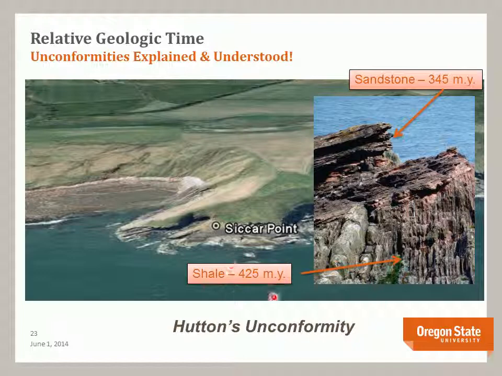These shale layers are 425 million years old. They are overlain by sandstones, which are 345 million years old. So that leaves us a loss of 70 million years of geologic time where erosion was occurring.